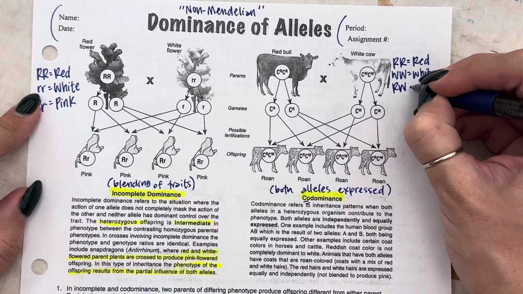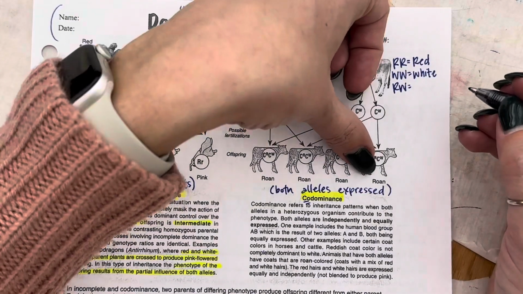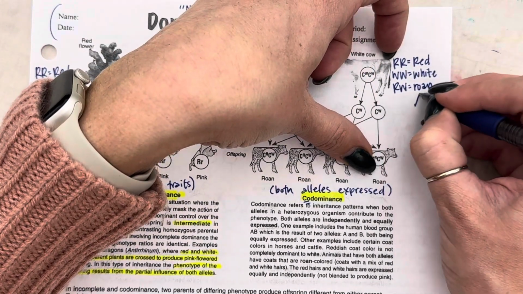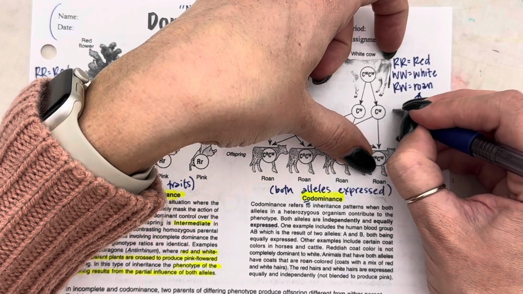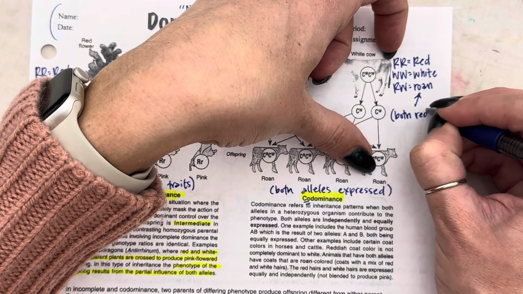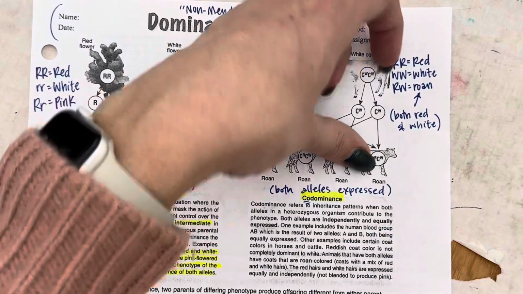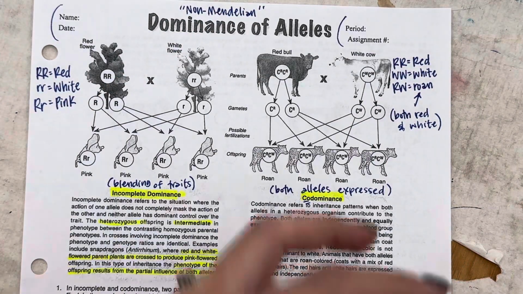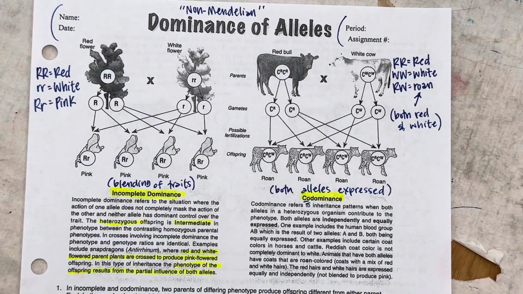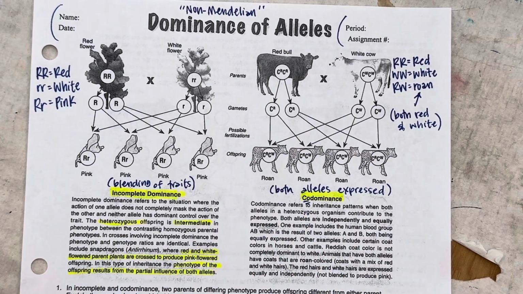If we end up inheriting one of each, we actually end up as this third phenotype, which is called roan, which is actually a cow that has parts both red and white. So it's not a blending, but the cow has both red coloration and white coloration, like splotchy or speckled. Okay, so both alleles are expressed in this case.